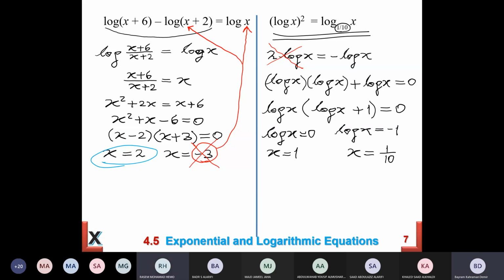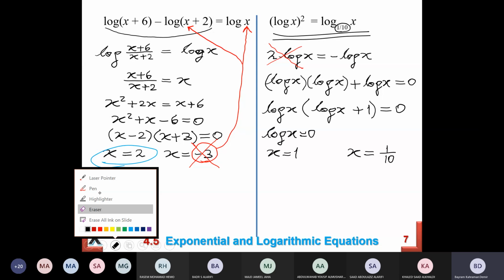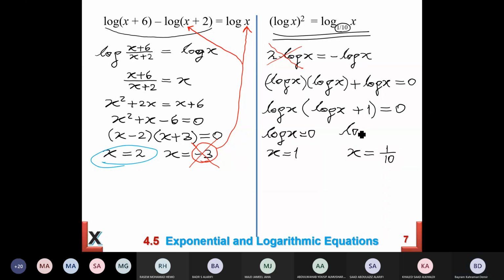It is not rejected, Shabab. Let me write a little bit better. I guess there is a problem with the screen. Logarithm of x can be equal to negative 1, Shabab.